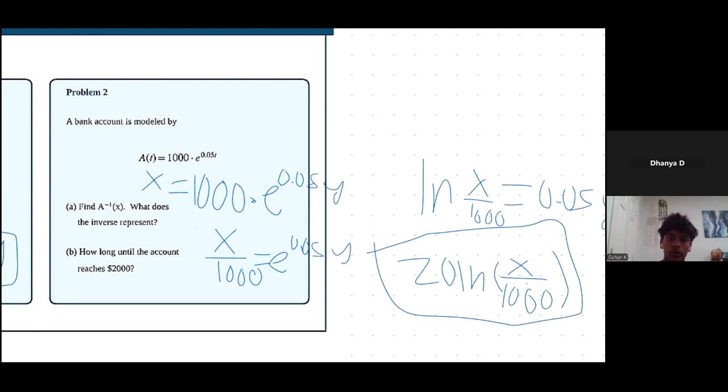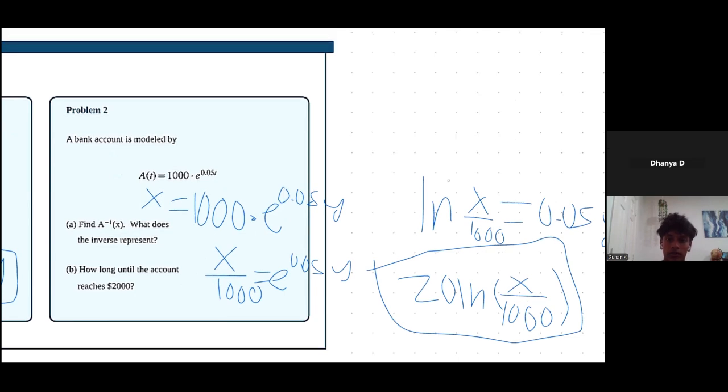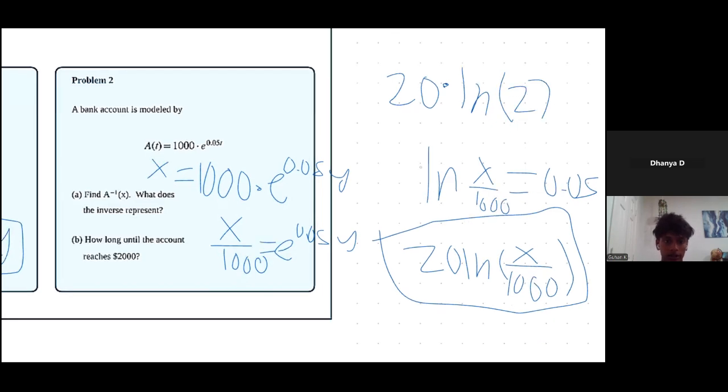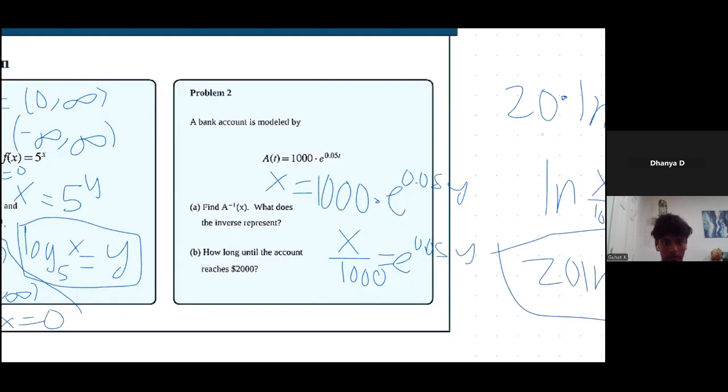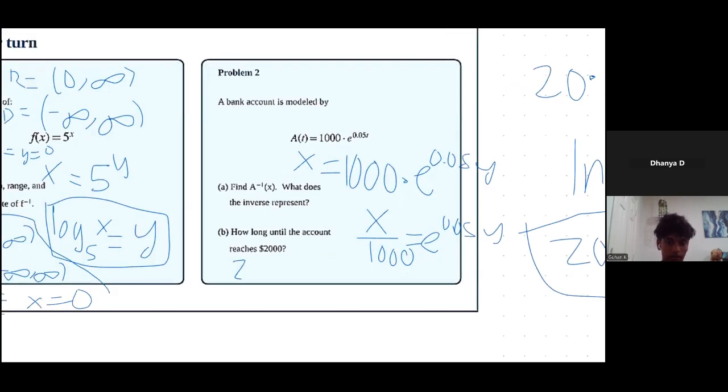So it becomes 20 times ln of 2,000 over 1,000, which is 20 ln 2. We're just going to leave our answer like that because it's no calculator. After this time, the account will reach $2,000. And that's our final answer for the day.